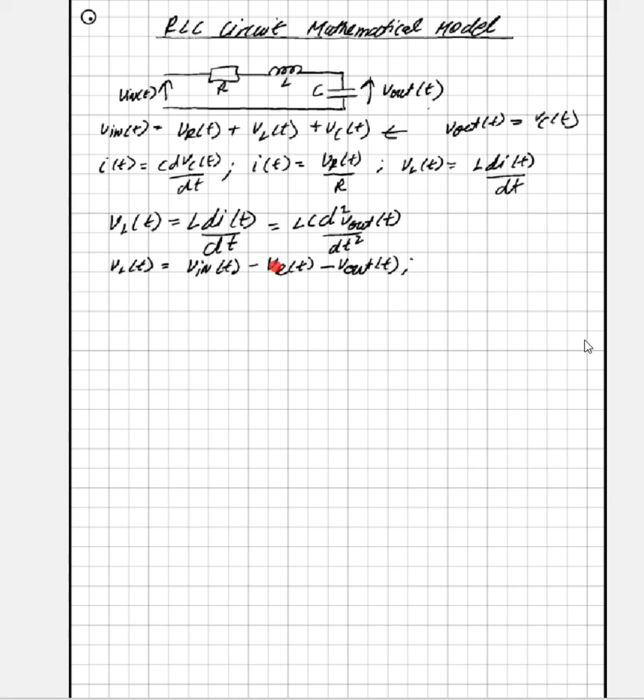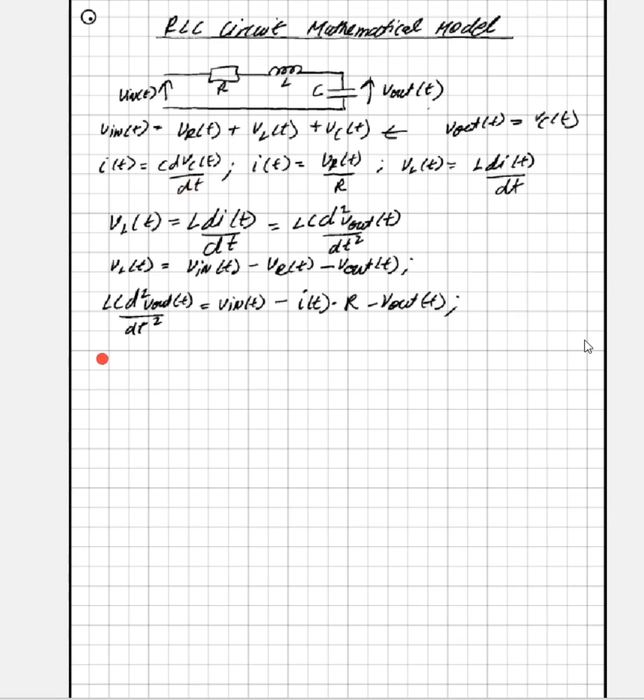So VL we can replace by this equation. Voltage across the resistor, it's its current times the resistance minus voltage output of t. So now we want to replace this equation with something that contains voltage output. We know that current is already in that format. That's C dV out over dt.